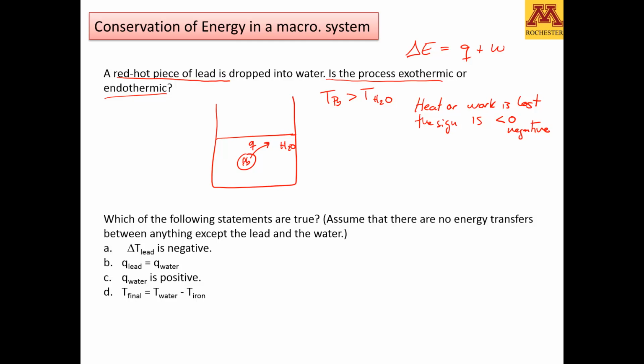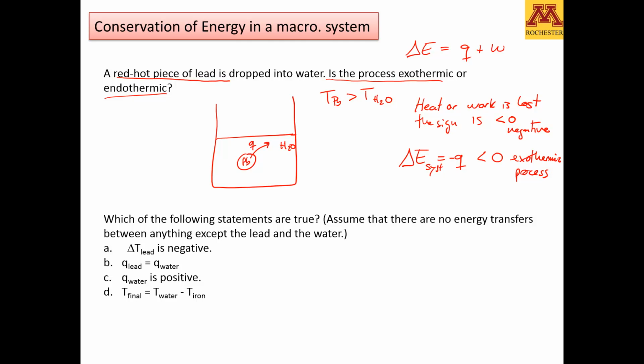So in this case, because it's lost, and there is no work involved, this is Q, the heat of the system. This Q is negative. Therefore, this is an exothermic process.